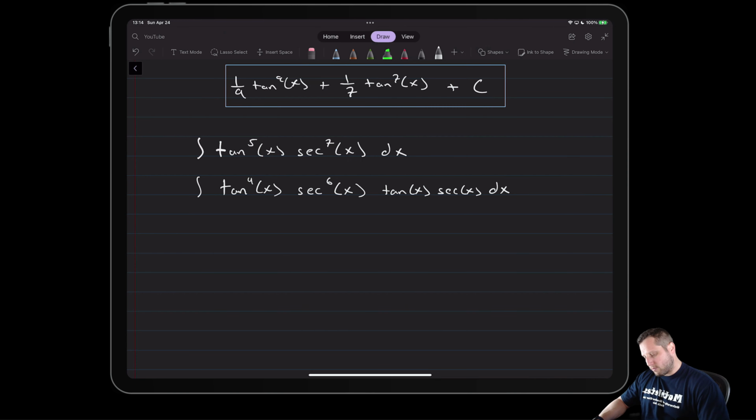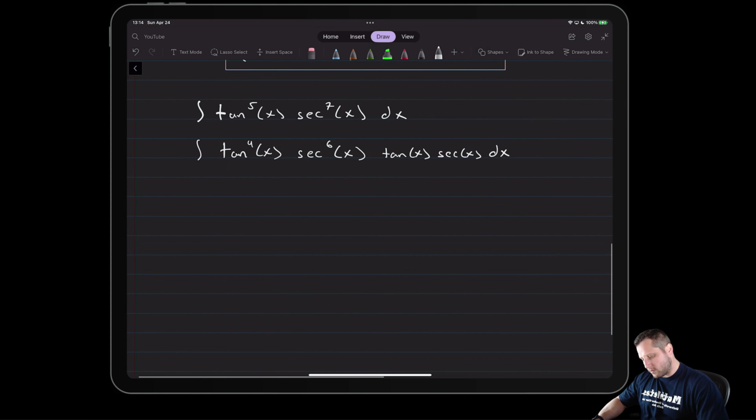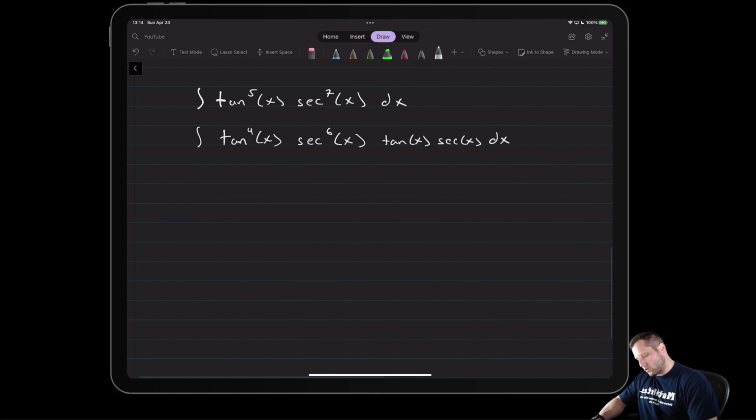Now, before we do our u sub, let's go ahead and take a look at this. We still need to do a little algebraic manipulation. So recall that tangent to the 4th of x is equal to tangent squared of x all squared, which is equal to secant squared of x minus 1 all squared.